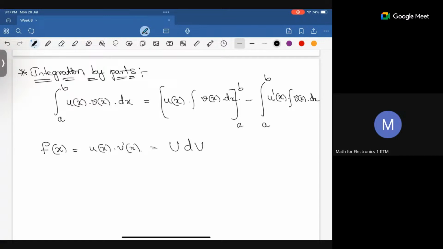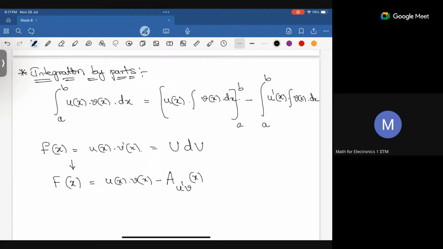Now for this function, its antiderivative F of x will just simply be u of x v of x minus the antiderivative of u prime v. So you have u prime v, another function, and its antiderivative should be subtracted from u of x v of x. And the proof, I think you can do real quick.